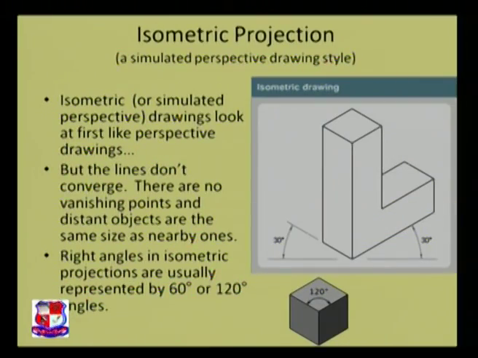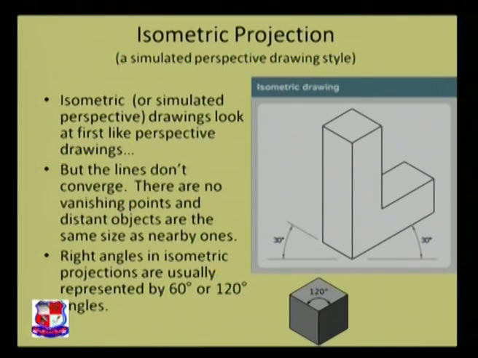Now this is something which can be our cup of tea. These are isometric projections. It is a simulated perspective drawing style. We have set our vanishing point at some sort of angle. Isometric drawings look at first like perspective projections.